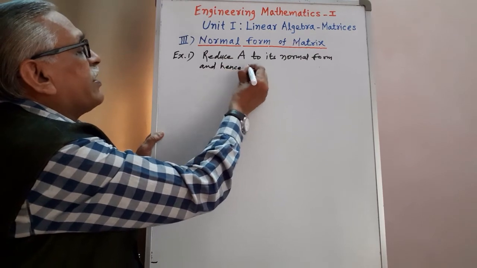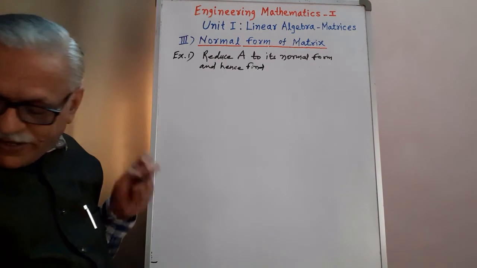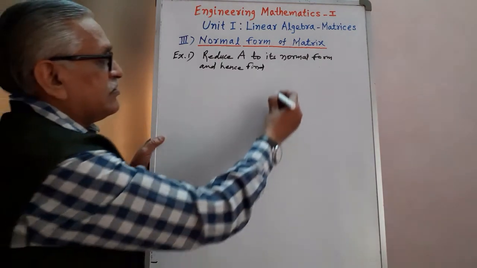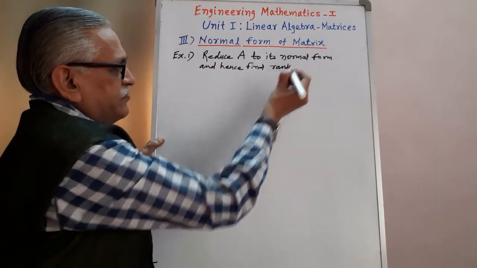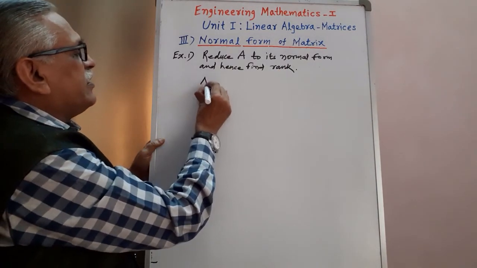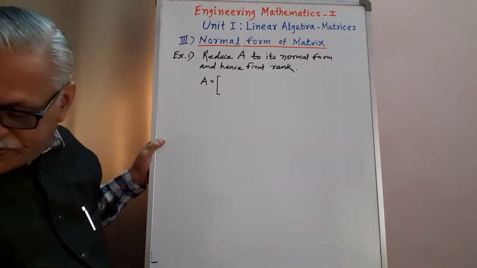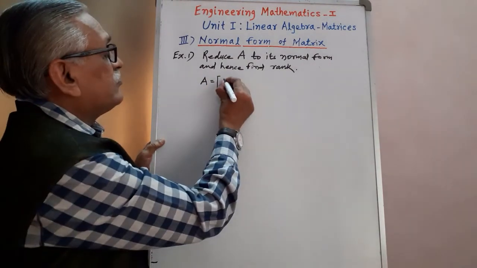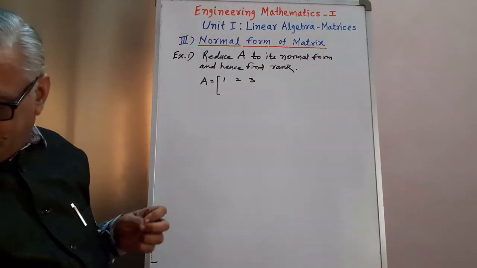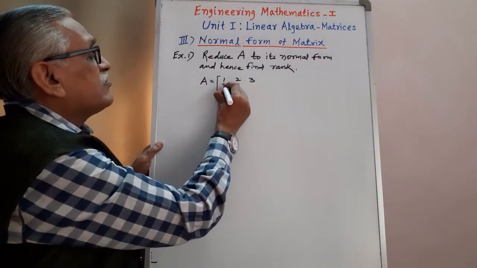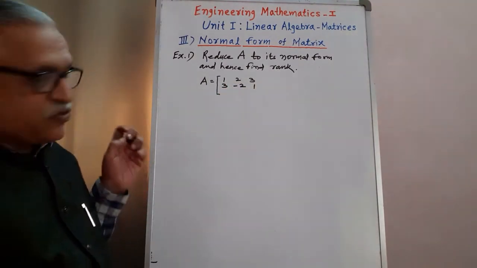Find the rank of the matrix A, whose elements are 1, 2, 3; 3, minus 2, 1; and 4, 2, 1.